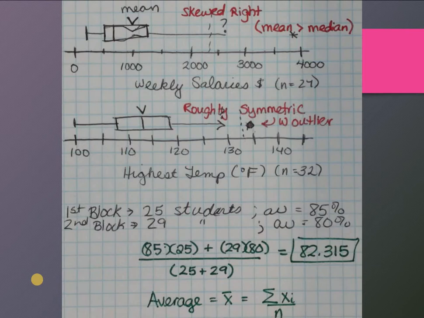If I take 25 times 85, I'm back to that whole sum. Same thing with the second block. If I take 29 times the 80, I'm back to its whole sum. Because to find average, I don't care about the individual little pieces, I'm just talking about the overall sums. Add those two together and divide by my overall total. So you get 82.315%.